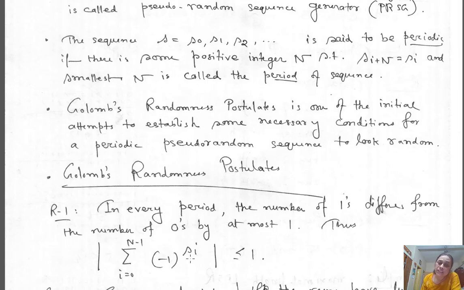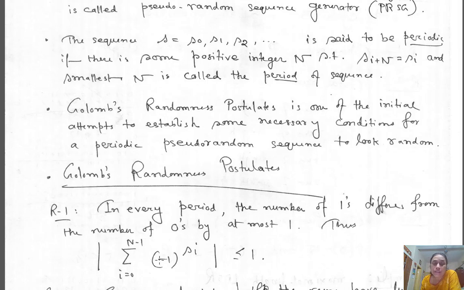If Si is 0, the positions where it is 0 contribute 1, so you get that many ones, and where Si is 1, you get that many -1s.